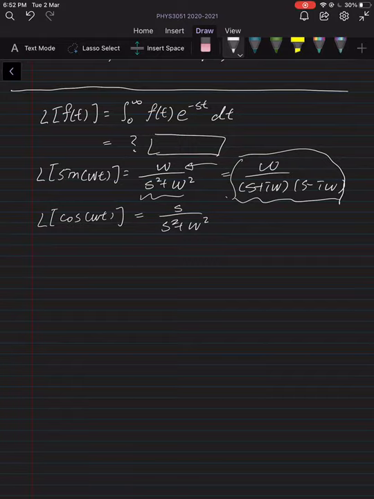Then the s squared plus omega squared. So we have the 90-degree adjacent sides as s and omega, where they are the same or not the same, doesn't matter. Then the hypotenuse will be the square root of s squared plus omega squared. So the s and the omega are actually representing the sine or cosine of the whole triangle.